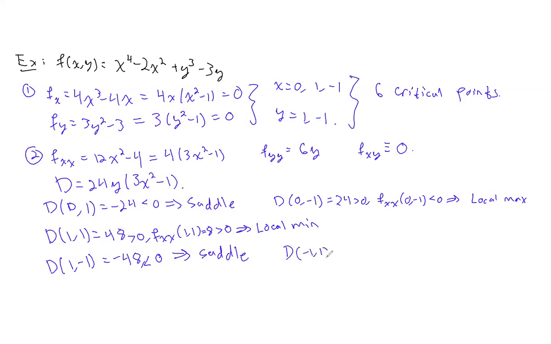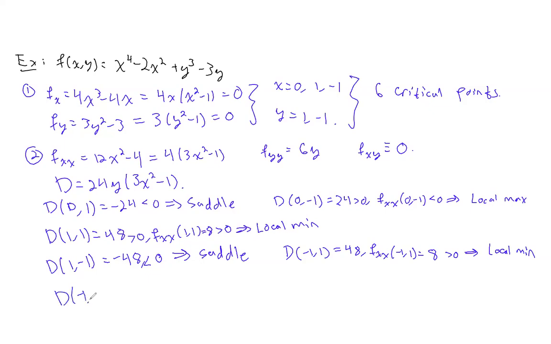d of negative 1, 1. Now the good news is that it's pretty much the exact same thing as before because x is being squared in this case. So d of negative 1, 1 is again 48, and fxx at negative 1, 1 is 8, which is positive, so local min.